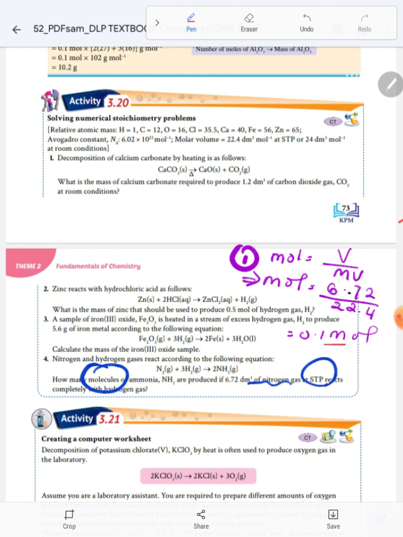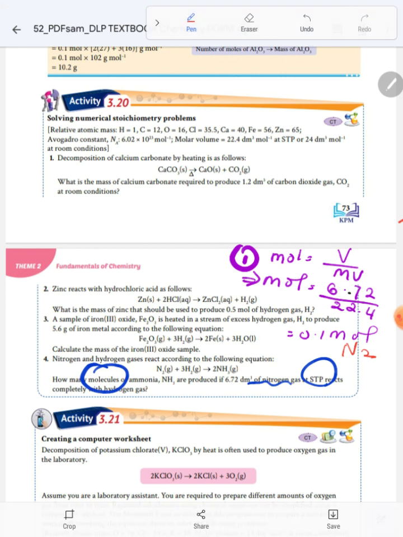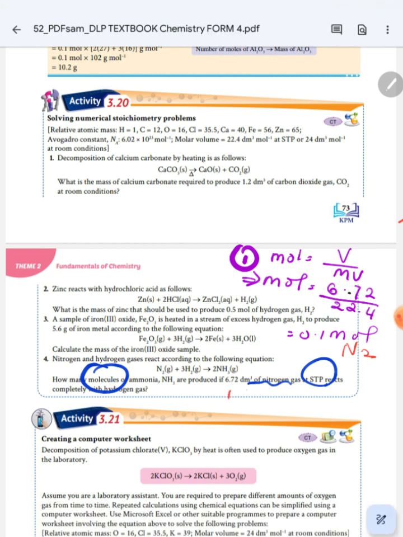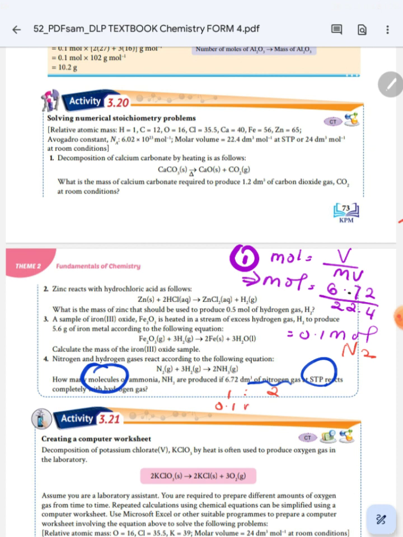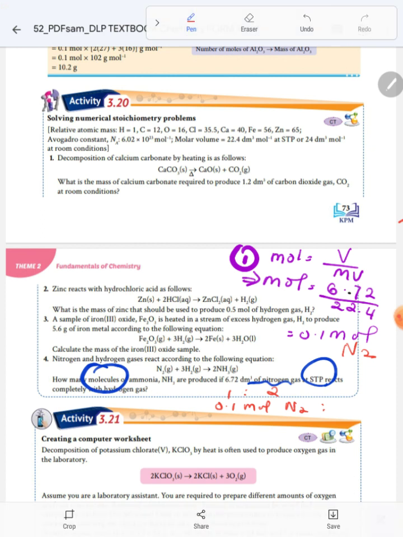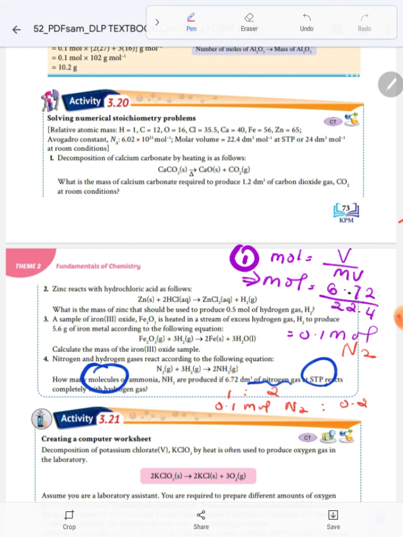Just now the 0.1 mole is 0.1 mole of nitrogen. So if 0.1 mole of nitrogen is used, how many mole of ammonia will be produced? 0.1 times 2, you will get 0.2 mole of ammonia.